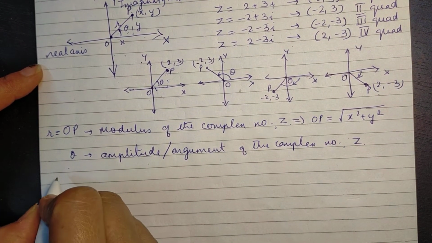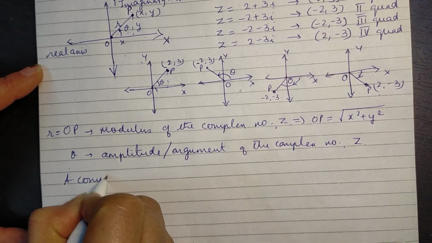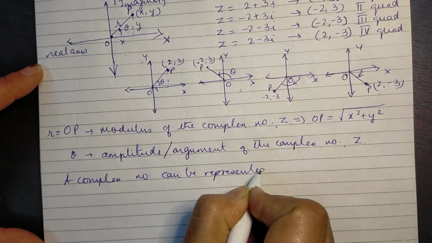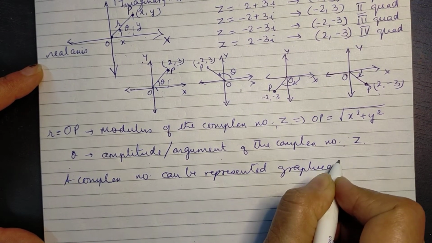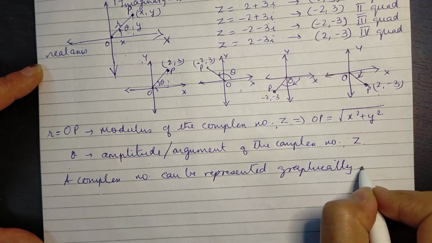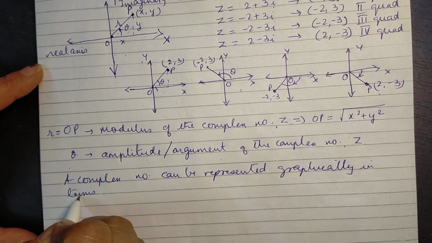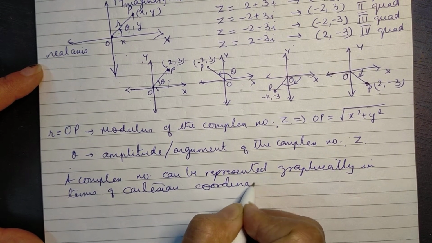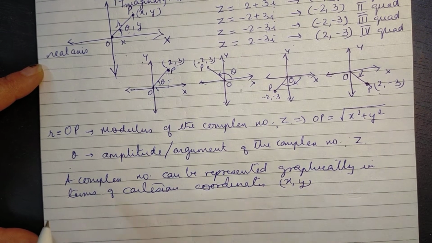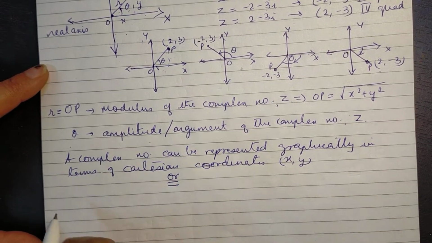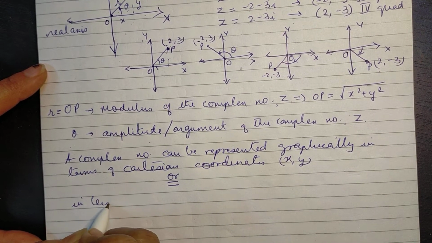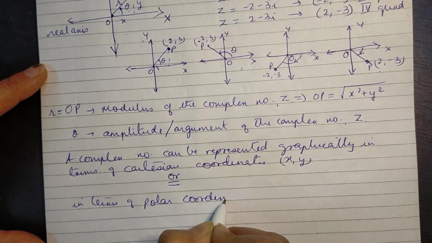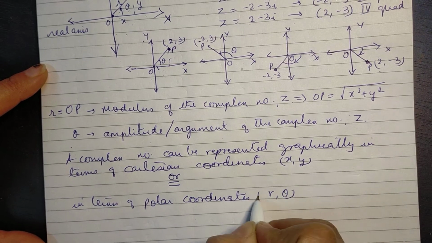So a complex number can be represented graphically in terms of Cartesian coordinates x comma y, or in terms of polar coordinates r comma theta.